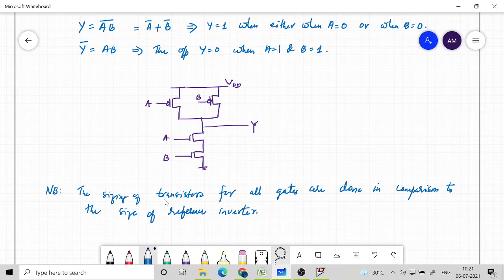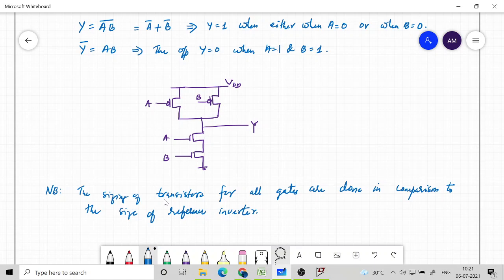For the reference inverter, we have said 1 and 2. That's how we defined it. 1 means whatever W by L value we have assigned for NMOS, and doubling the width we have got for PMOS. That will decide your charging and discharging time.